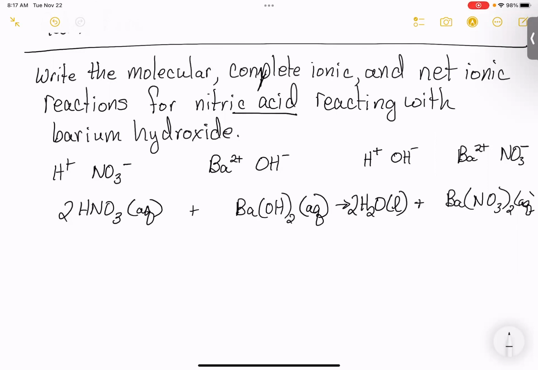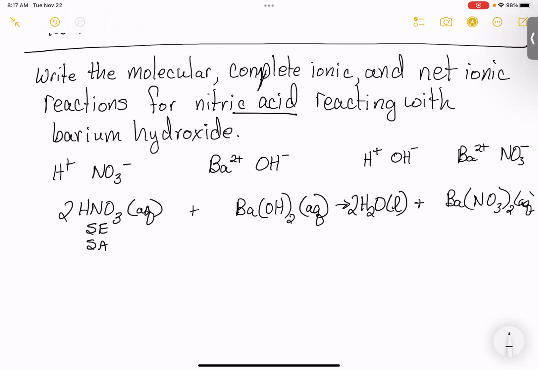Nitric acid, what is it? It's an acid. Is it strong or weak? Strong. So is it a strong electrolyte or a weak electrolyte? Okay, so it's a strong electrolyte because it is a strong acid. Barium hydroxide. What type of compound is it?